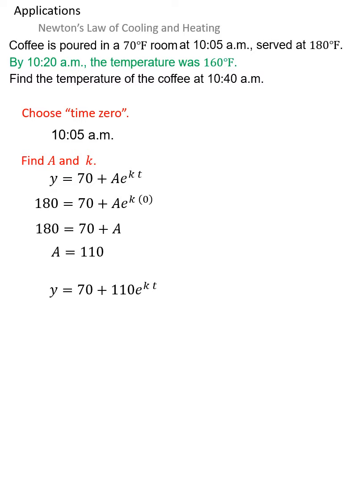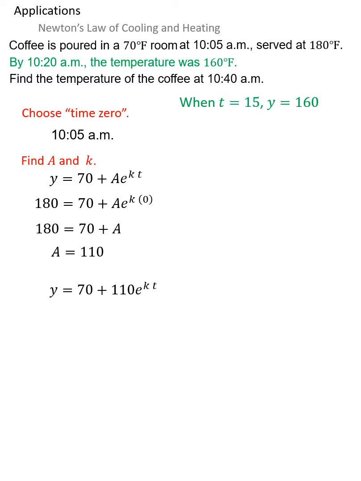Well, if time 0 is 10:05, then 10:20 is 15 minutes or a quarter of an hour later. So I could use a t value of either 15 or 1/4, depending on if I wanted to use minutes or hours. To avoid fractions, I'm going to use minutes as my measurement of time.